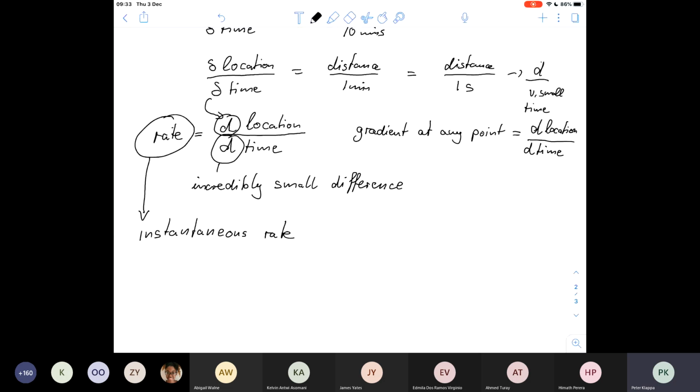And how would we get this instantaneous rate? Exactly, you hit the nail. If we want to get this instantaneous rate, what we would need to do is what is called differentiation. Have I spelled it correctly? Differentiation. Yes. So that would be calculus.